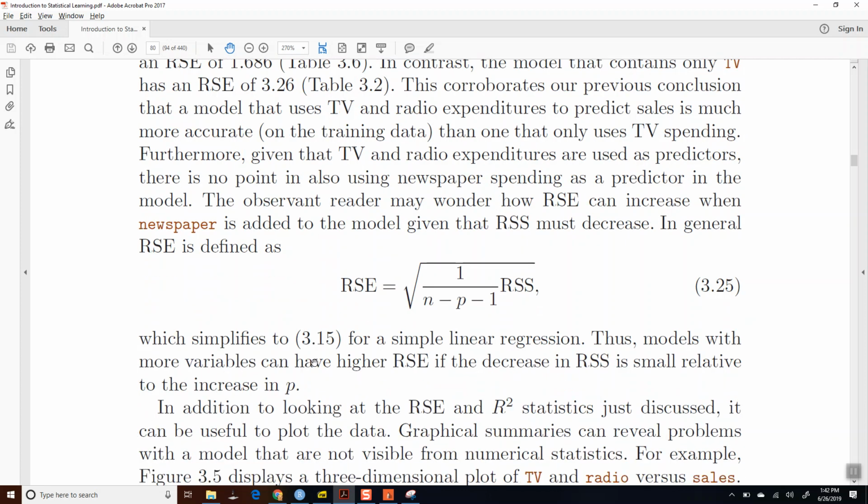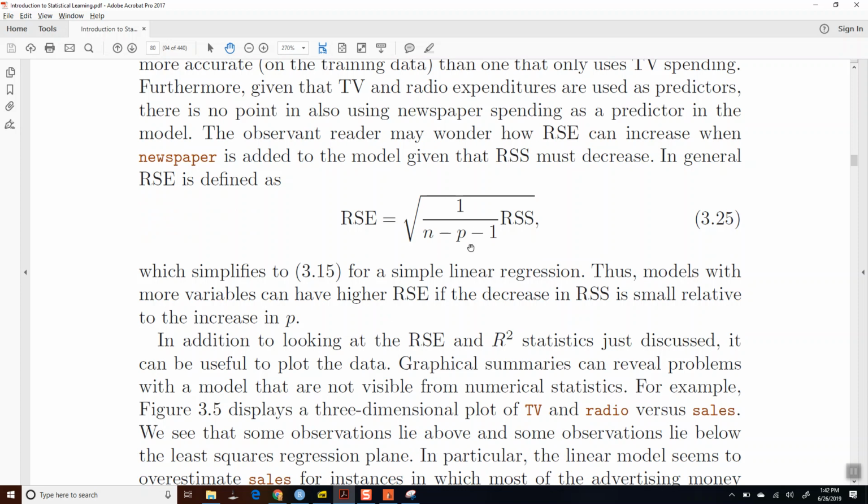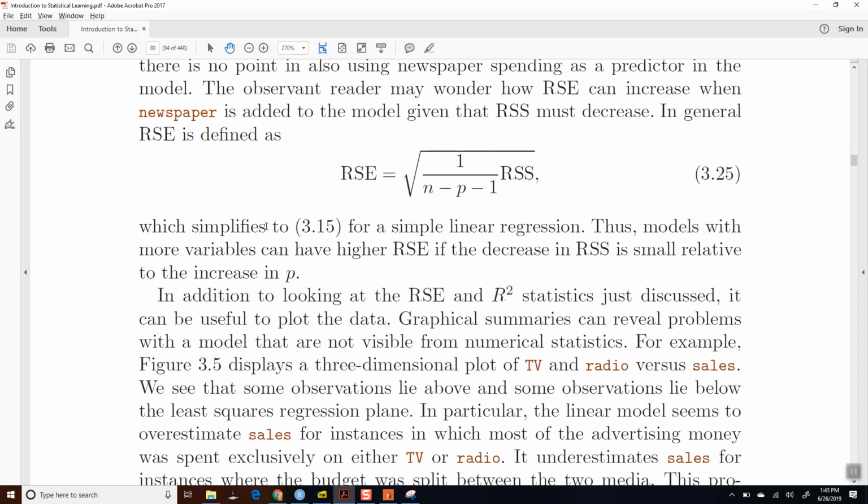To take into account how many predictors you are using, okay? If you use a ton of predictors, this value, 1 over n minus p, is going to get smaller, and so this is going to end up getting bigger, right?